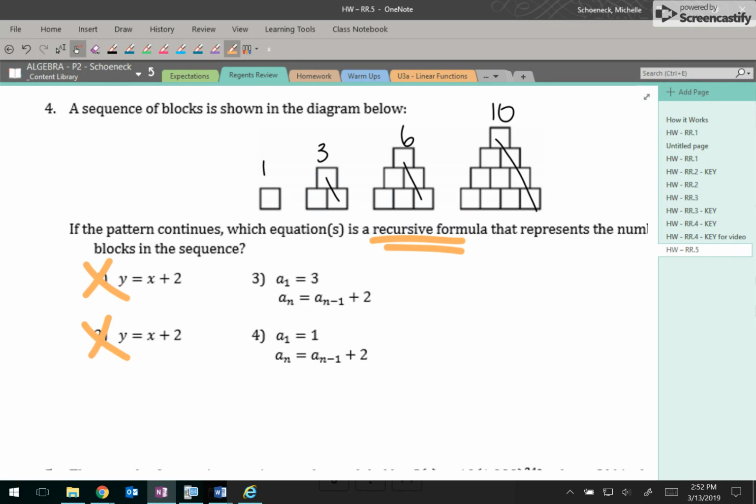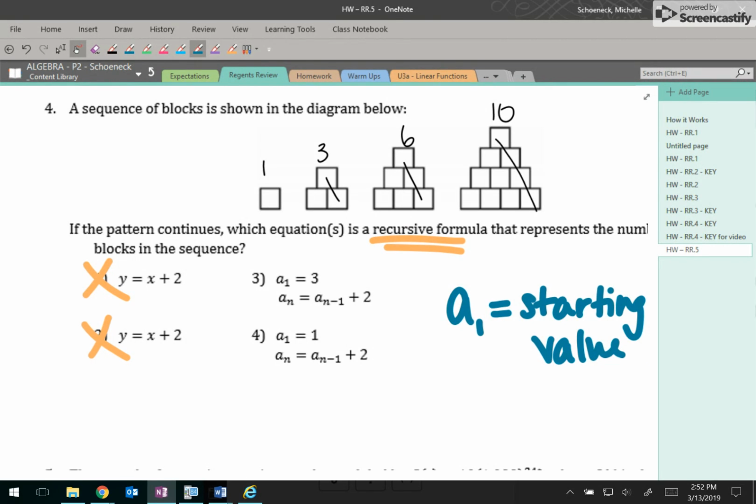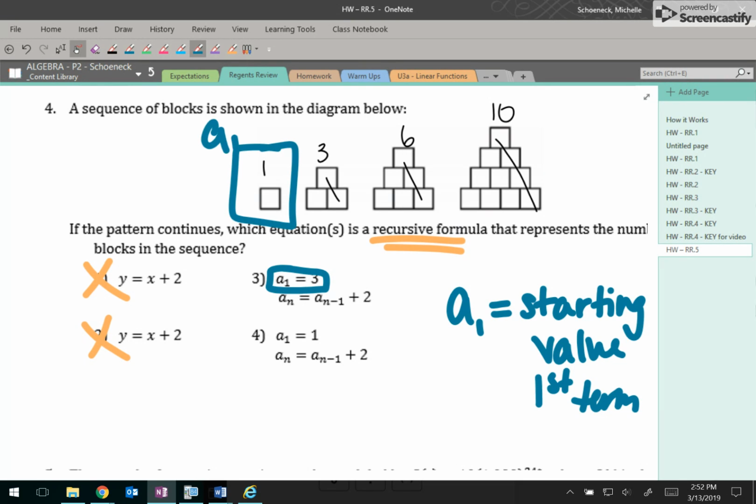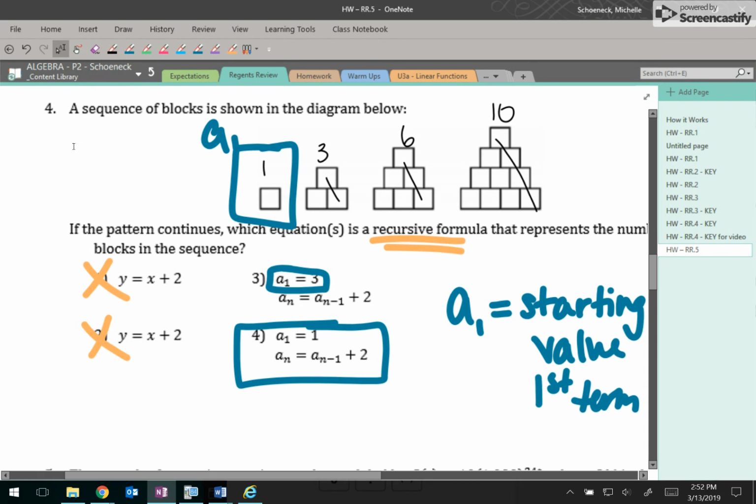The next thing we have to remember is that the term a sub n is our starting value, so the first term. And here, option choice 3 tells me my first term has 3 blocks. Well, that's not true. My first term has 1 block. So option choice number 4 is the correct answer.